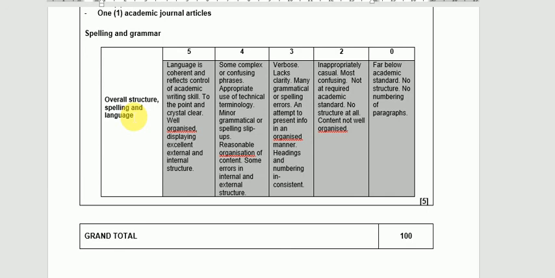Leave gaps, people, between your questions. It just improves the first impression that the marker gets when he or she receives the assignment. I've often found assignments that are just one muddle of, I don't know where question 1.1 ends and where question 1.2 starts.